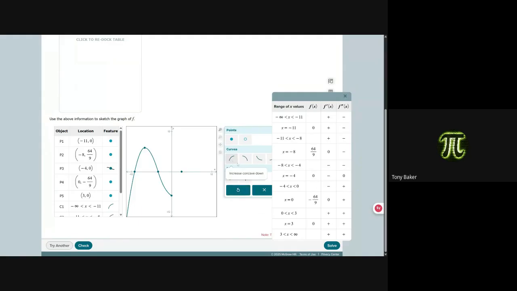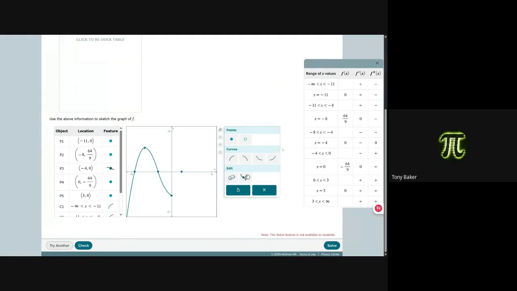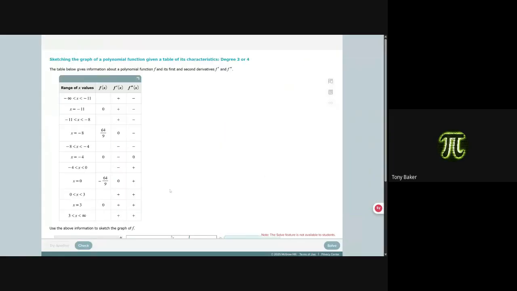Decreasing concave up. Oh, I already did that one. That's fine. Increasing concave up. I was looking at the wrong one. And then increasing concave up. So that's on this one here. And that's our graph.